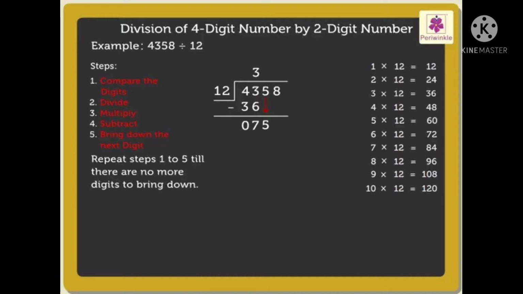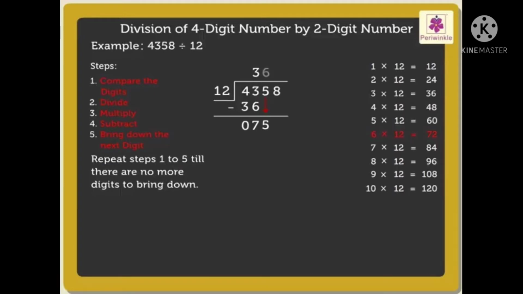So, here we again compare 75 and 12. Here, 75 is greater than 12. So, we can divide 75 by 12. The nearest product to 75 in the table of 12 is 72.